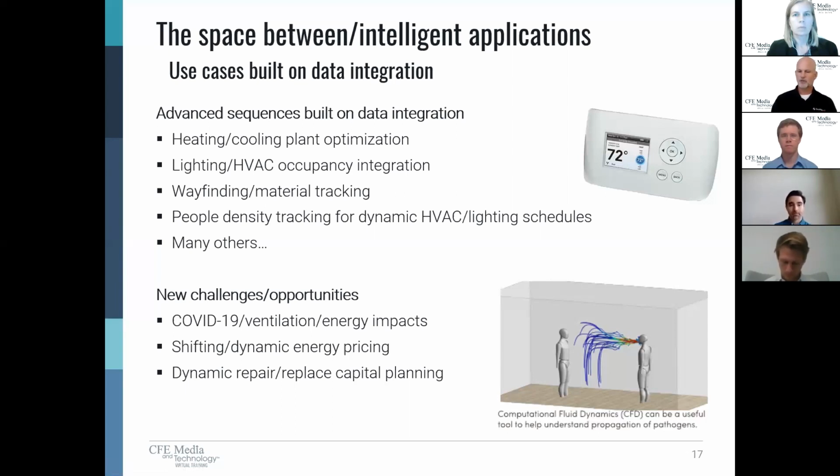The solutions that we're focused on are heating and cooling plant optimization. These are high energy intensive parts of buildings. We're looking at integration of lighting and HVAC systems to drive more dynamic behavior between those systems.